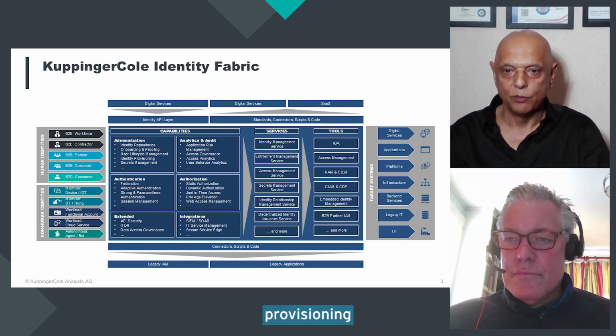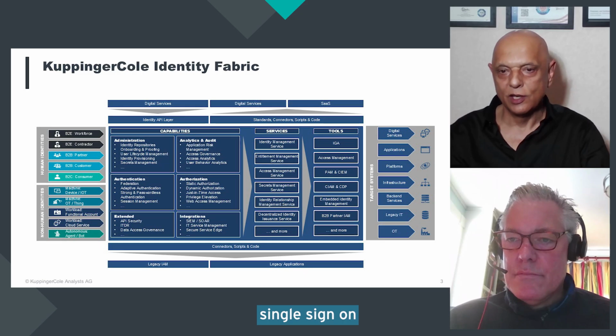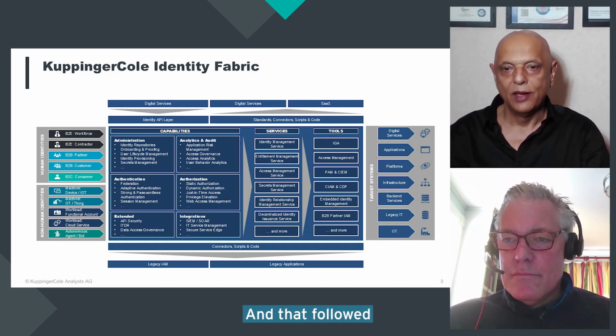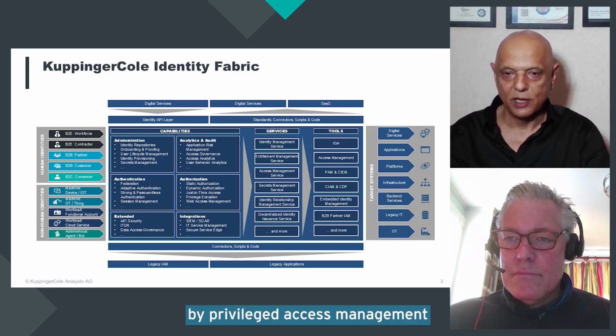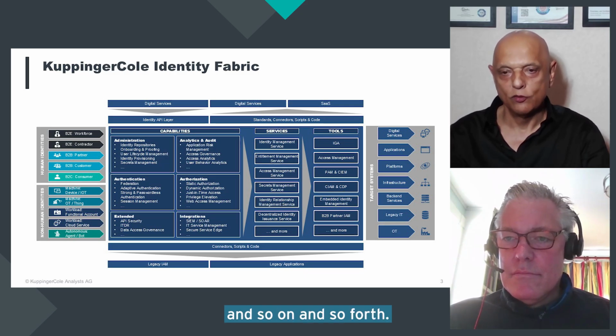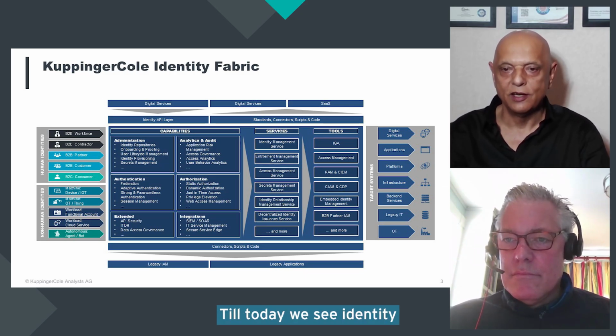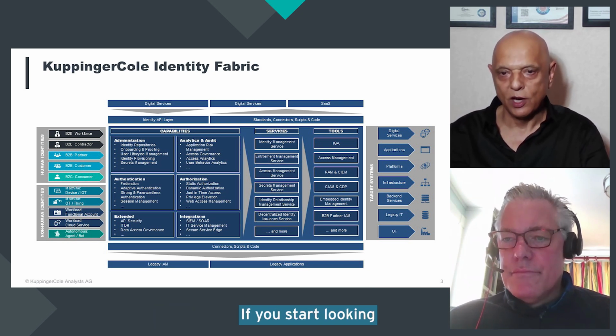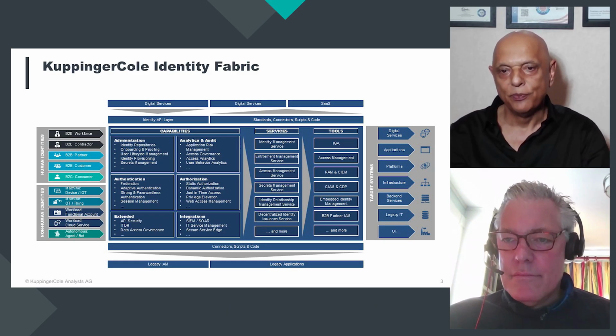As we all know, initially we had provisioning coming in, single sign-on and access management came in a few years later, and then followed by privileged access management, and so on and so forth. Till today, we see the identity and access management domain having grown into more than 9 different components if you start looking at all kinds of identity.